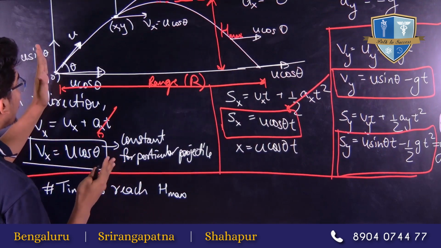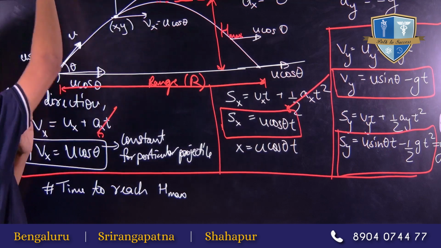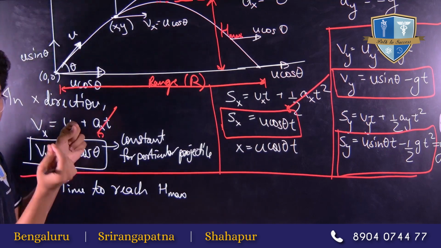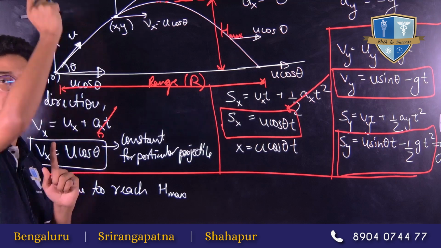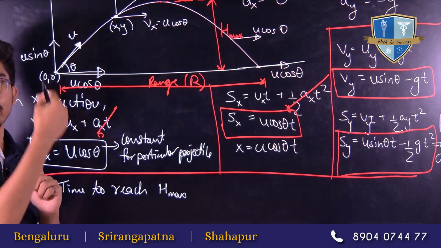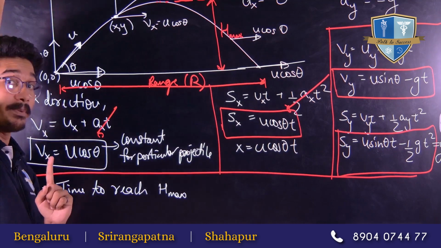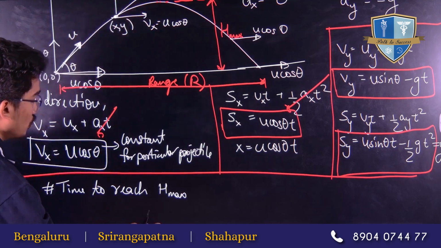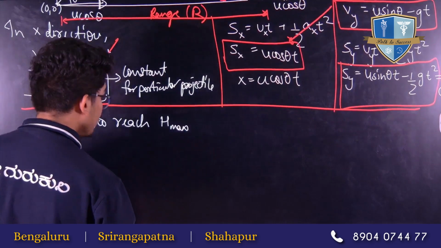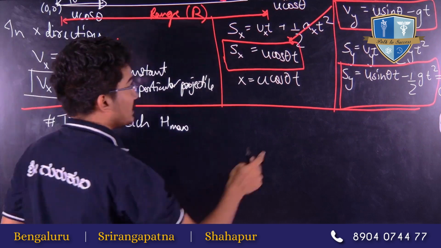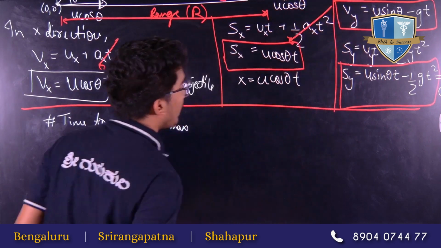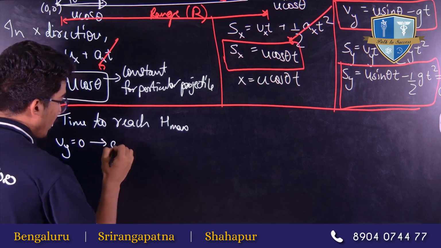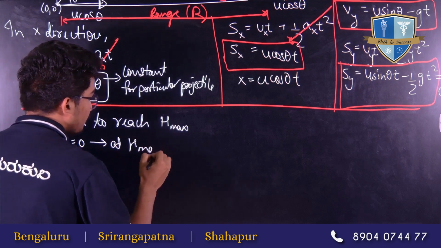In y direction it is like throwing a particle upward, giving it some velocity u sin theta. It will reach the maximum height, stop, and then come back. So velocity in y direction at maximum height will be 0. So Vy is equal to 0 at H max.